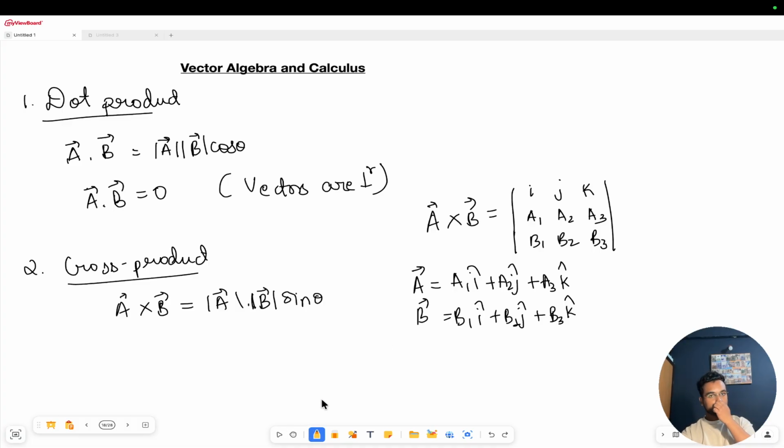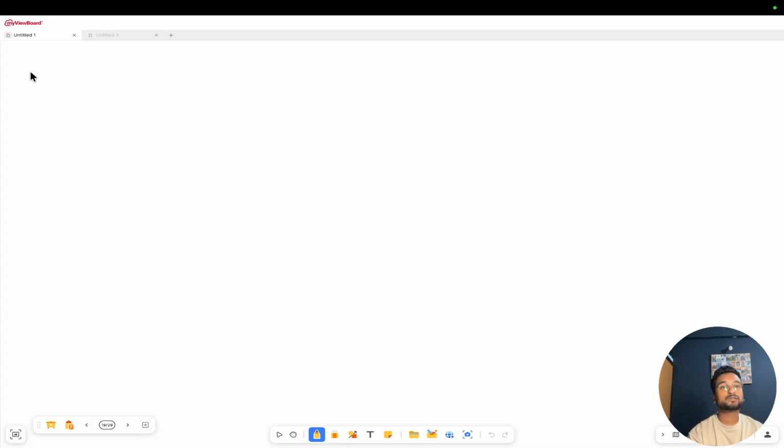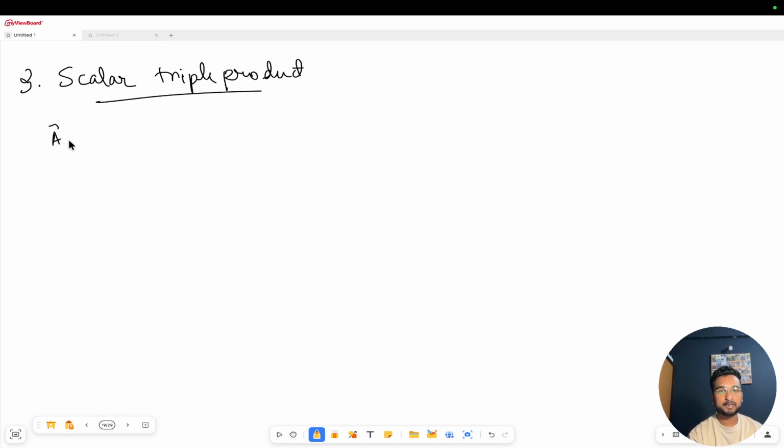Now this was okay for a two vector problem. If I have three vectors, there are two things you should know. First is the scalar triple product. Scalar triple product is what? If I have three vectors A, B, C, then A dot B cross C is your scalar triple product.